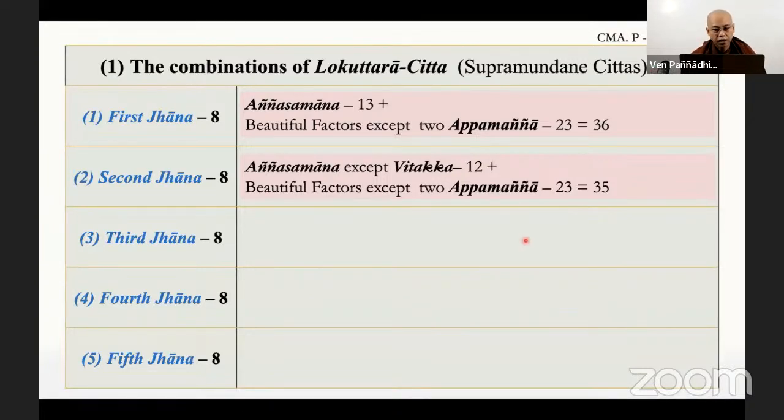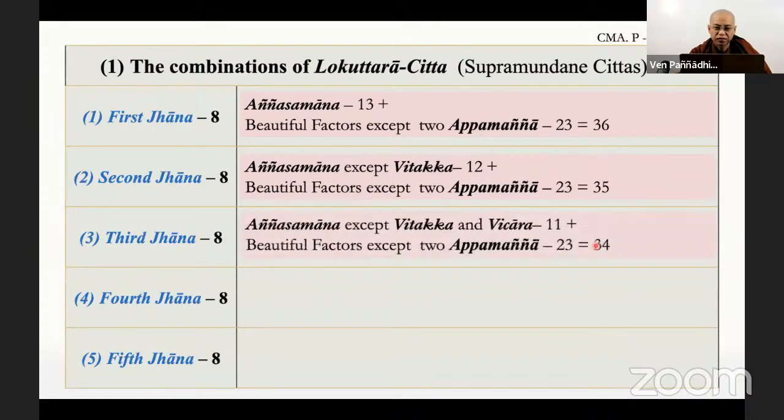Then for the third jhana, how many? 34, because there's no vitakka and also no vicara. Right. So here, vitakka and vicara are exceptions. For the beautiful mental factors, there is no change at all, always the same, except Abhidhamma 23. In the Pakinnaka group, they make the difference.